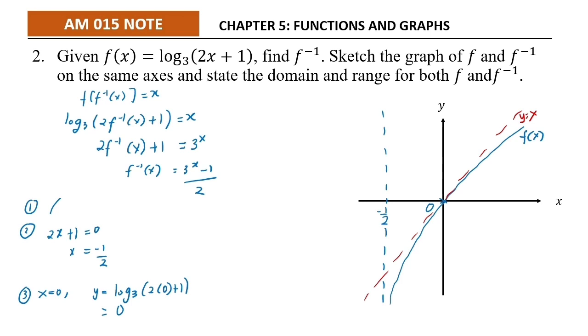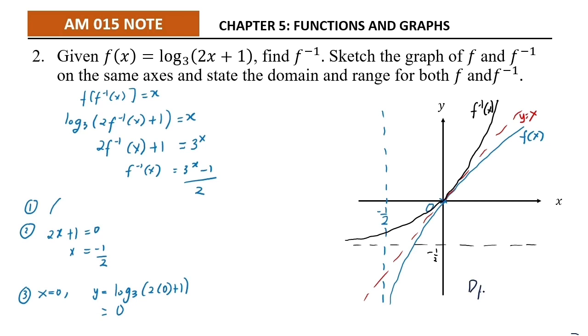So f inverse will have an asymptote at y equal to negative 1 over 2. Then sketch the graph from the asymptote, cross at 0, 0 and towards positive y. Label the graph, this is f inverse.